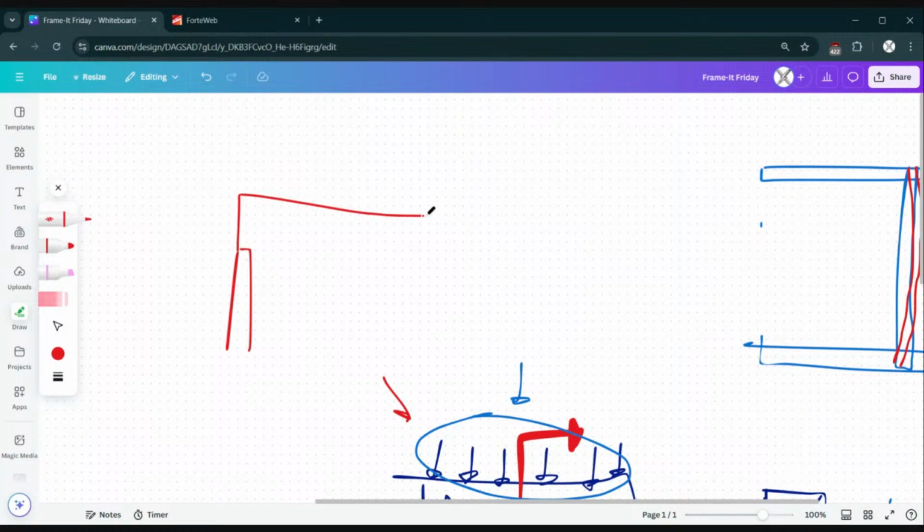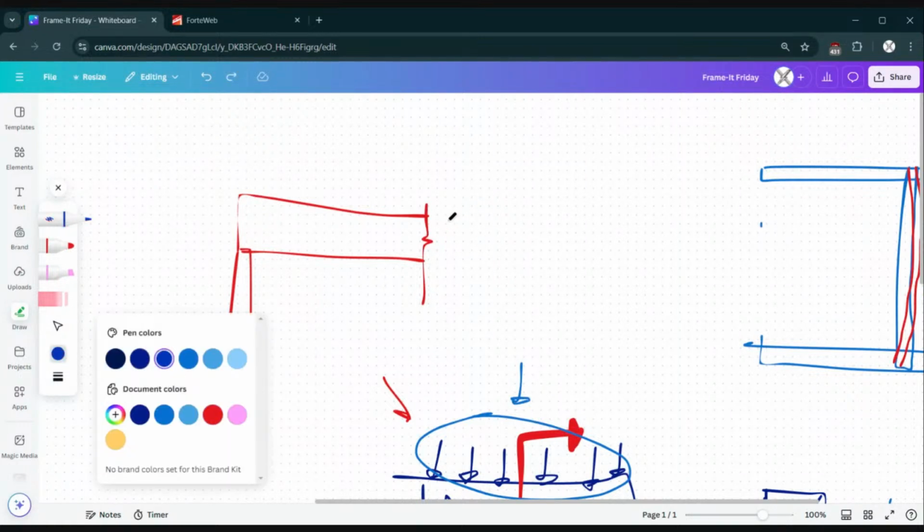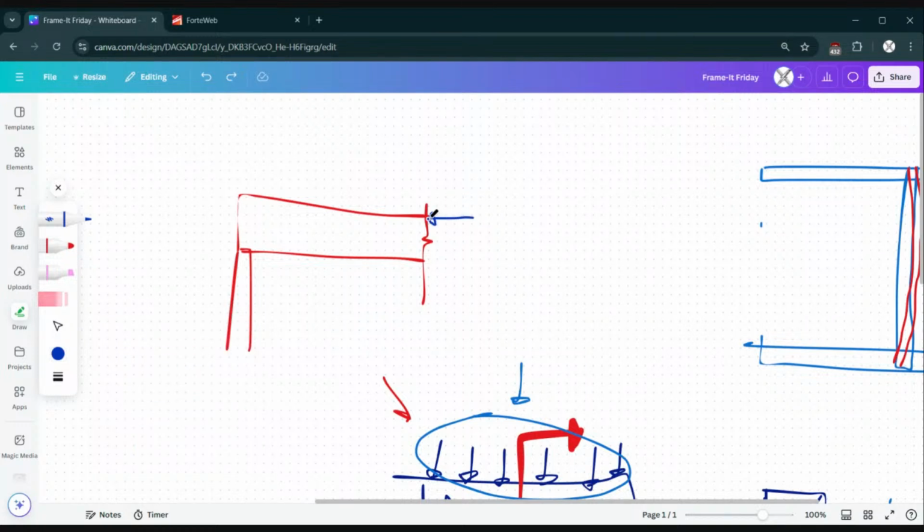If that's the wall and I have the beam going like this, and I slice it and I make a little break, and I look at the inside of the beam right here, what's actually happening is the inside of the beam is doing different things. The top of the beam is in compression, and the bottom of the beam is in tension. And in the middle of the beam, there is no compression or tension. And so basically, when you load a beam like this, the bottom of the beam is trying to rip itself apart, and the top of the beam is getting smushed together.